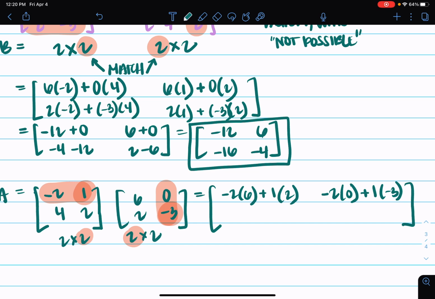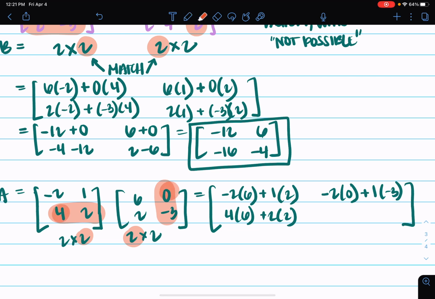Now we're moving on to row 2. Row 2, column 1. So we have 4 times 6 plus 2 times 2. And then last spot, still row 2, now we're doing column 2.